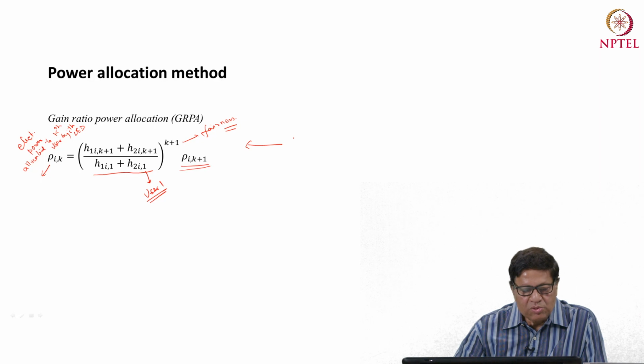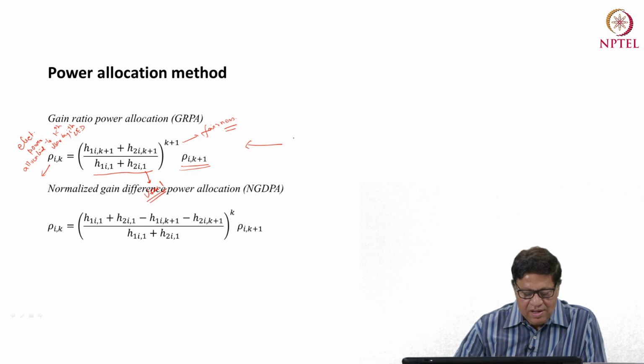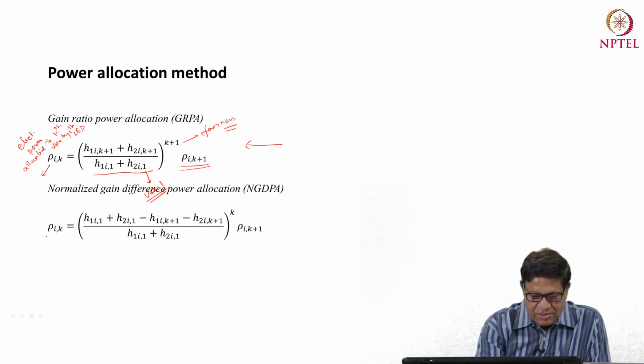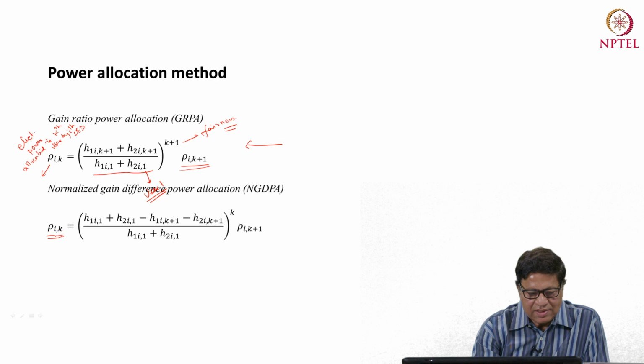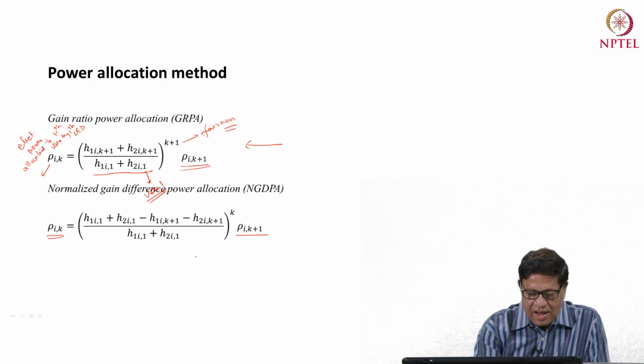The other method could be I take the difference of power allocation and normalize it. So this is, as earlier, electrical power allocated to the kth user by the ith LED. This is to the k plus 1th user by the ith LED. And here I have taken the difference.